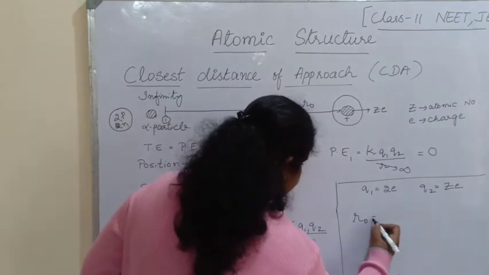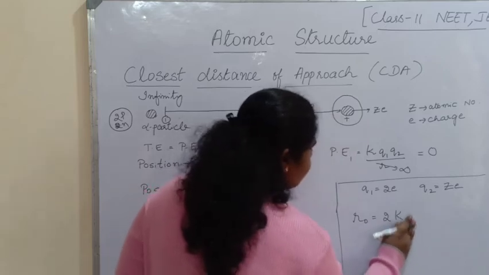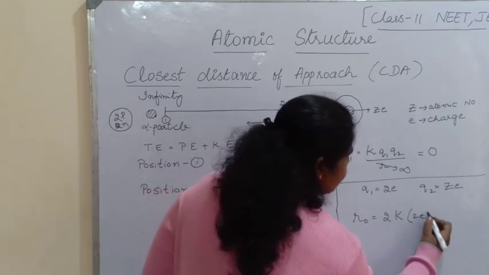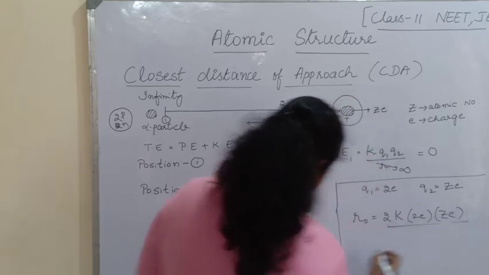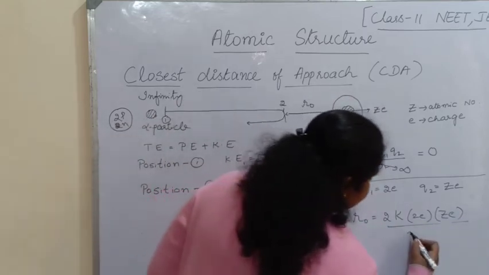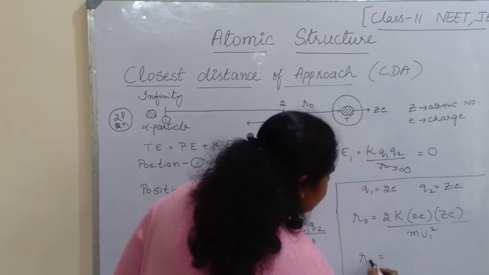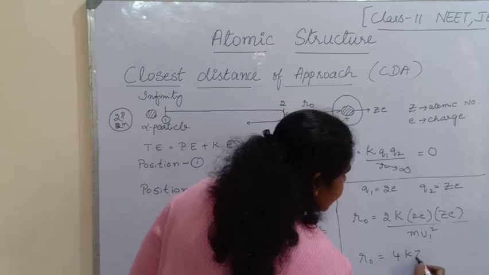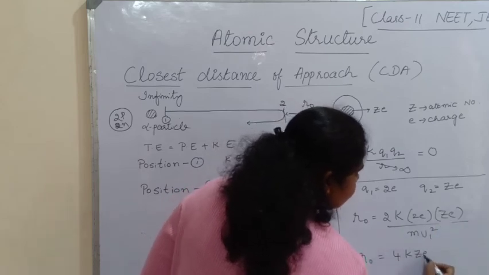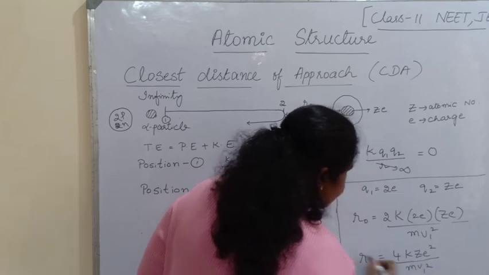So R0 is equal to 2K, in place of Q1 write 2e, Ze, divided by mv1 square. Simplify this: R0 is equal to 2 twos are 4 K Z, e into e will become e square, divided by mv1 square.